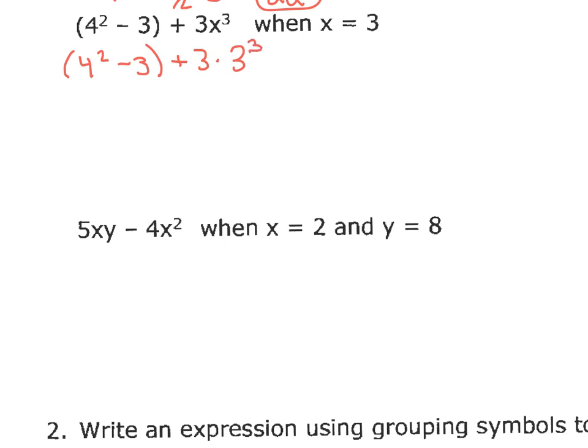Let's look down at the next one. We have 5 times x times y minus 4 times x squared. Rewrite it. 5 times x, in this case 2, 5 times 2 times y is 8, minus 4 times x, here 2, squared.